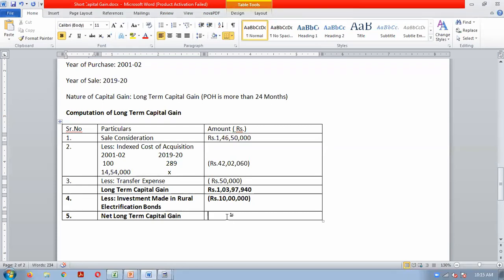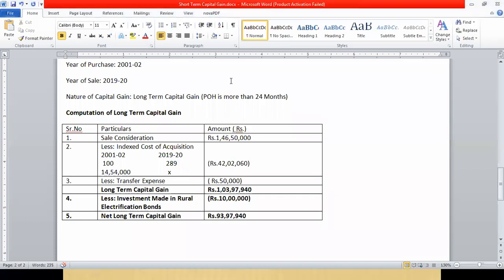It should be how much? I think it should be 93,97,940. Okay, so this will be the revised amount.